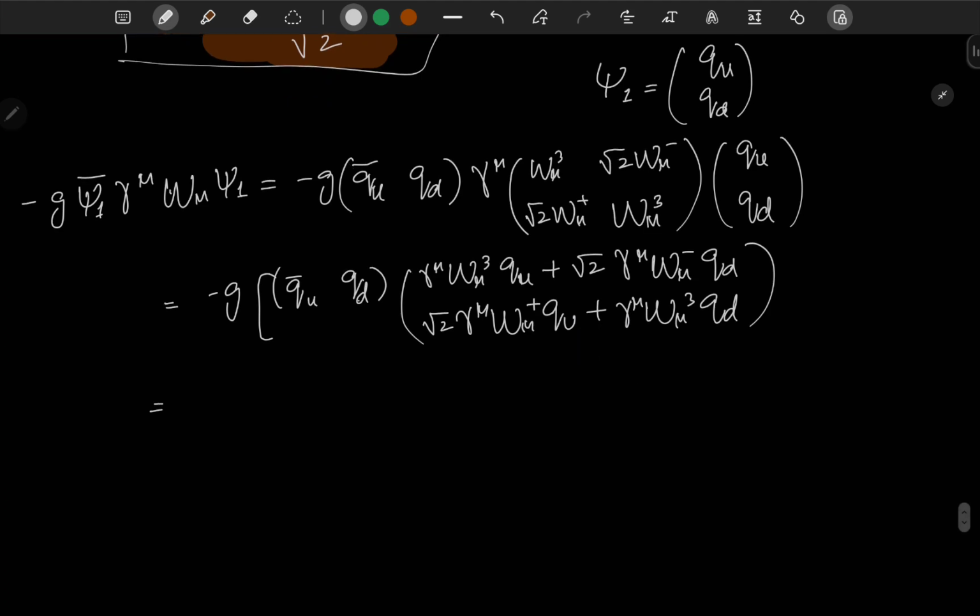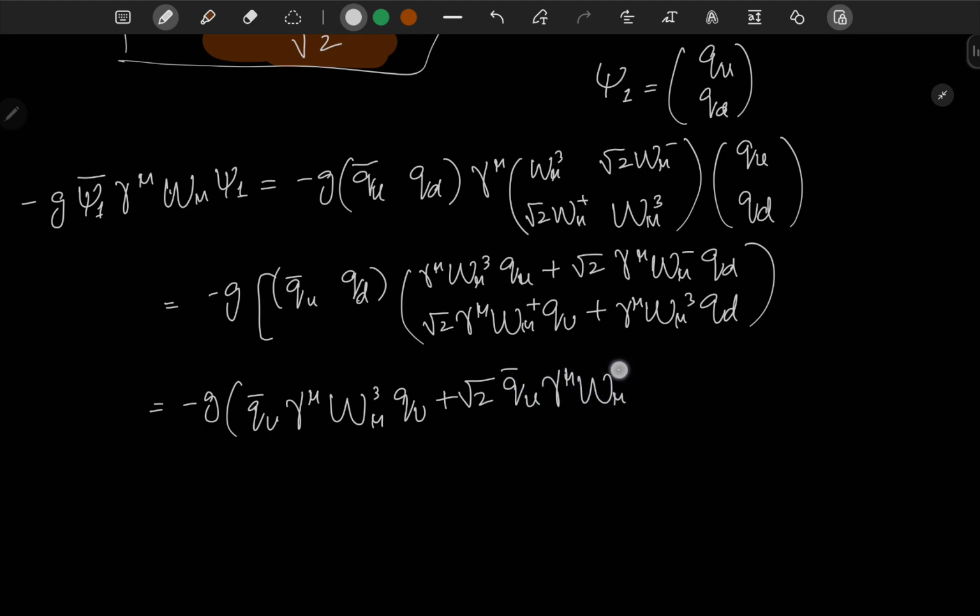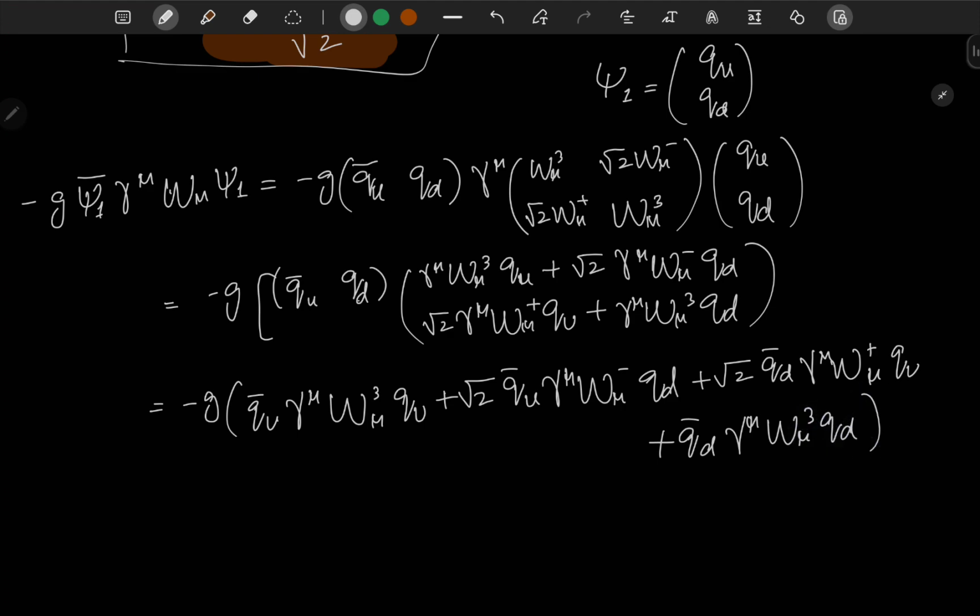And when we multiply it all together, we get q bar up gamma mu W mu 3 q up, square root of 2 q bar up gamma mu W mu minus q down, plus square root of 2 q bar down gamma mu W plus mu q up, plus q bar down gamma mu W mu 3 q down.